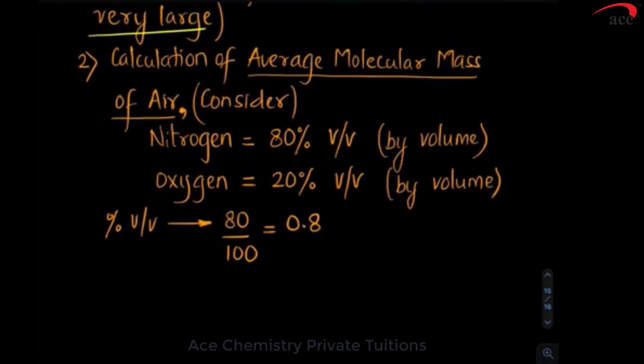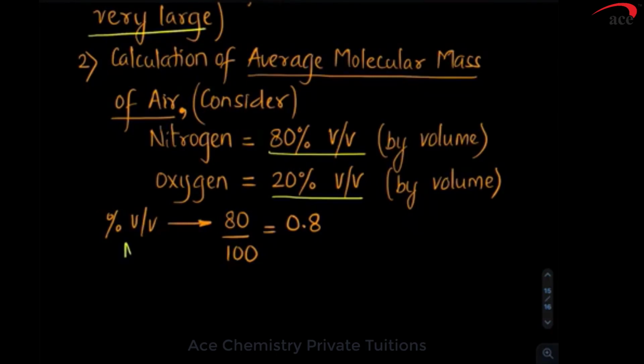If you want to calculate the average molecular mass of air, remember, as we learned in geography, nitrogen is 79%, but we are taking it as 80% for ease of calculation. And we are taking oxygen as 20%. We are not considering carbon dioxide, argon, or water vapor present in the air.